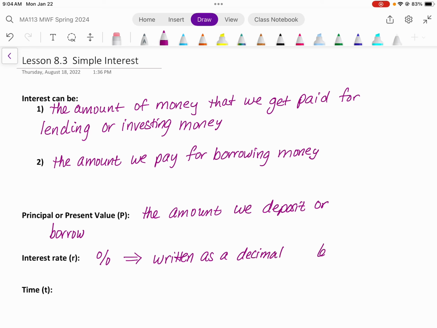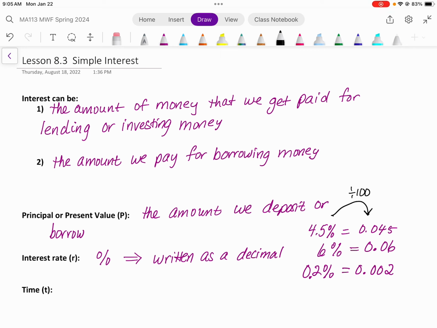For example, 6%, we'll use 0.06. 0.2% would be 0.002. If we had something like 4.5%, that's 0.045. So to get from that percent to the decimal, we are going to divide by 100.